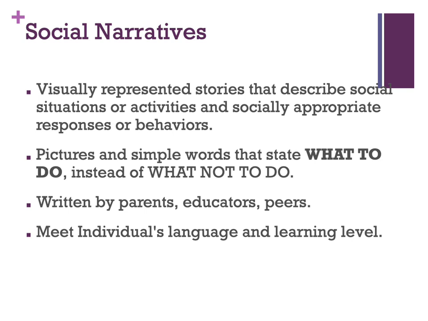So use positive sentences, so they learn what to do. Make sure you develop a story for the individual child, because you want to consider the child's language and learning level.